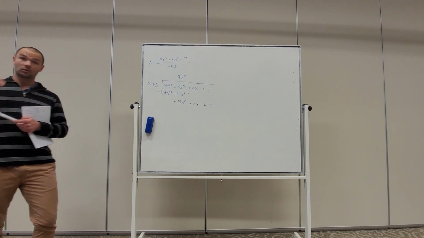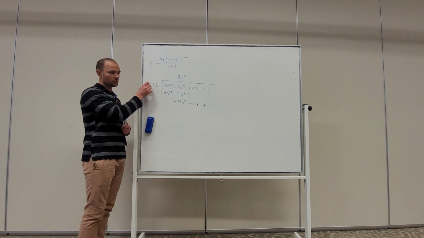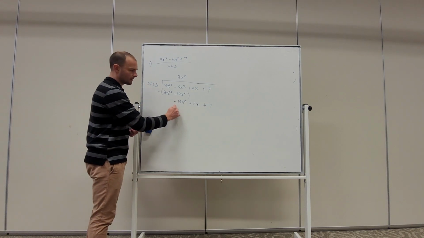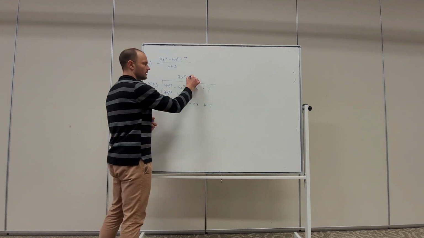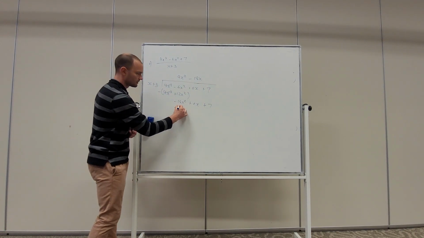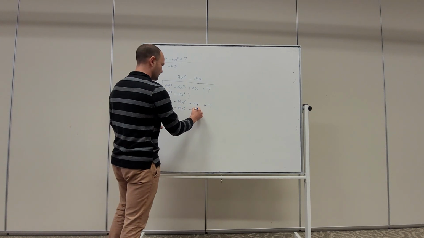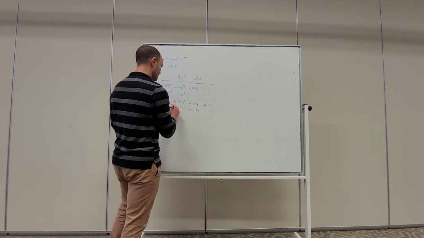And then we repeat. What do I multiply x by? Okay, x is our leading division term. What do I multiply x by to get minus 18x squared? It's going to be minus 18x. So minus 18x times x. Minus 18x times 3 will be minus 54x.